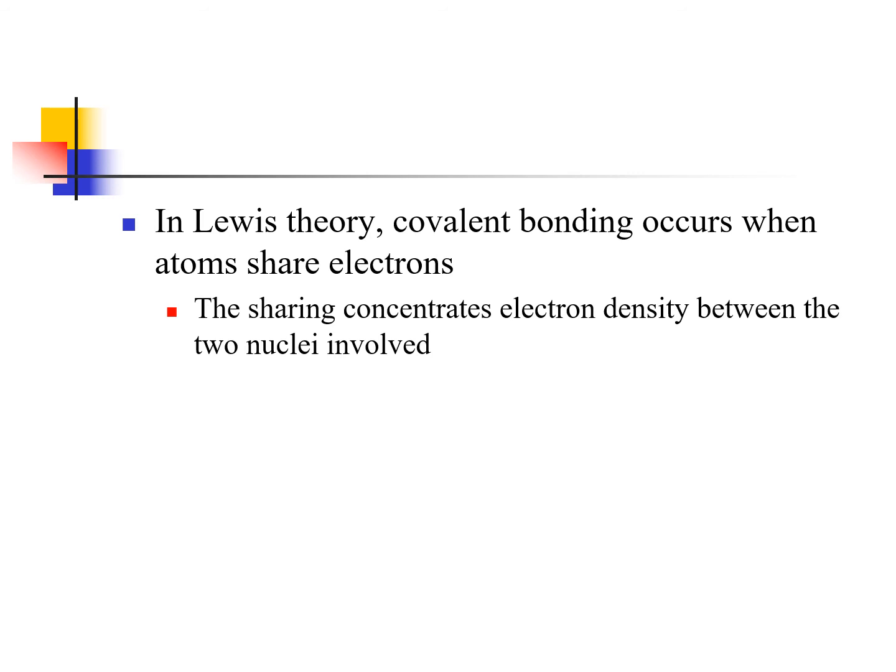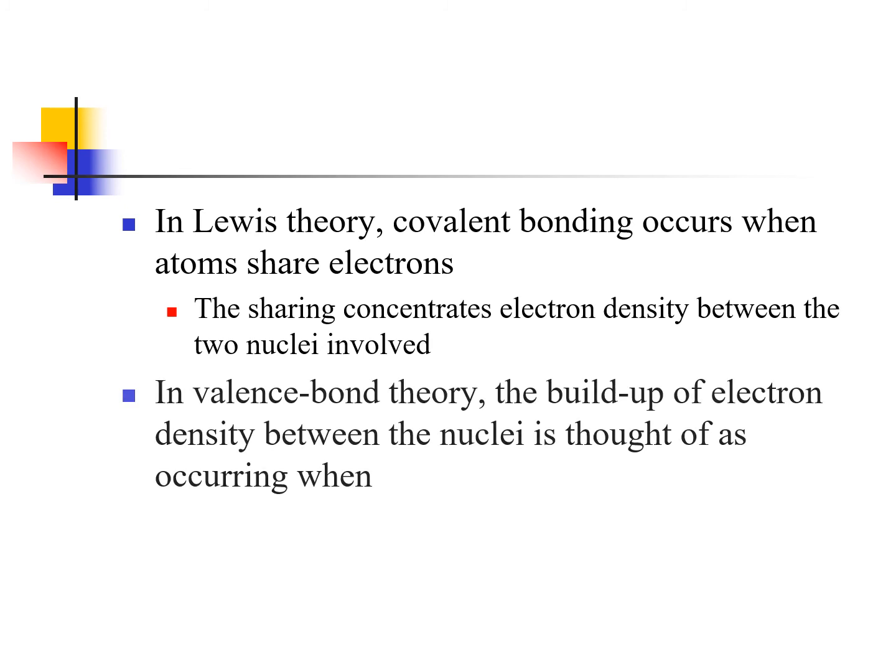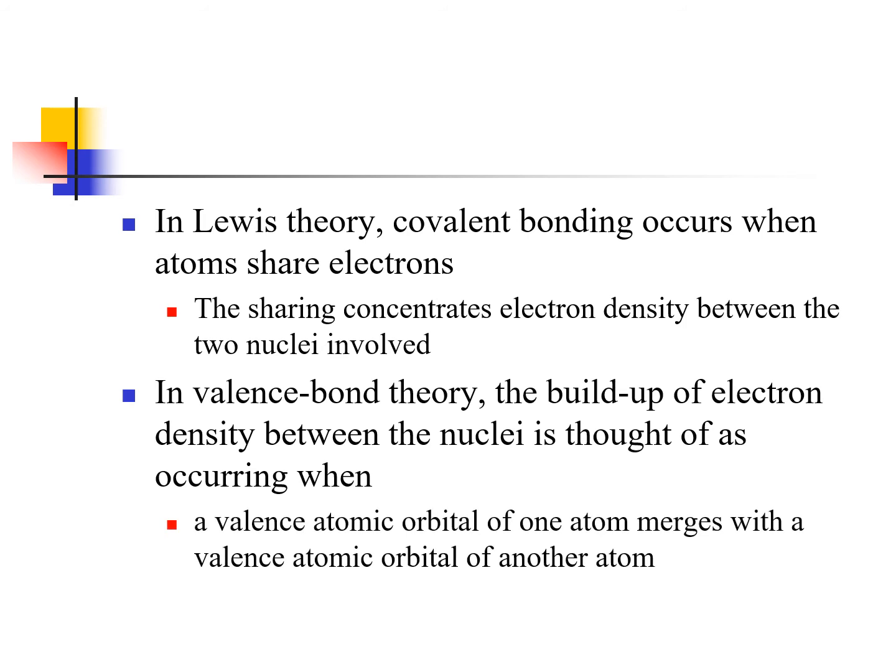And this sharing concentrates that electron density between the two nuclei involved. In valence bond theory, we say there's this buildup of electron density between the nuclei, same idea, when a valence atomic orbital of one atom is going to merge with a valence orbital of another atom. So again, it's saying that this sharing of electrons is actually due to an overlap of orbitals containing electrons.